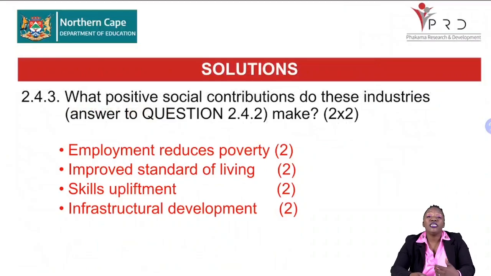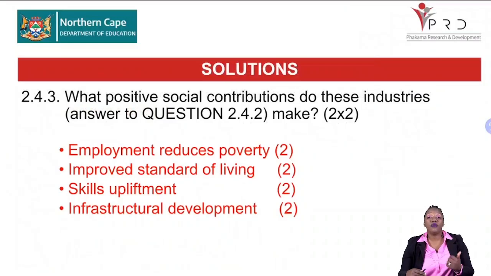Then secondly, it will also improve the standard of living. If people are able to have an income every month, it means their standard of living will be improved. Then we're looking at the skills that these people will be gaining. Remember, if the company employs you, they still need to train you further so that you have the skills. Let's say you need to operate a machine.